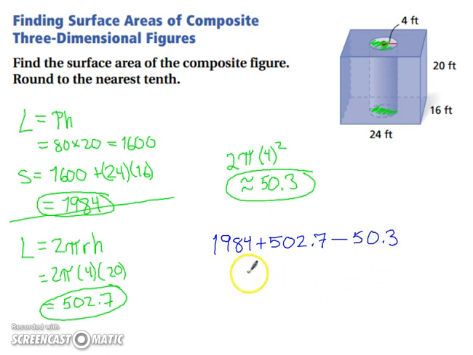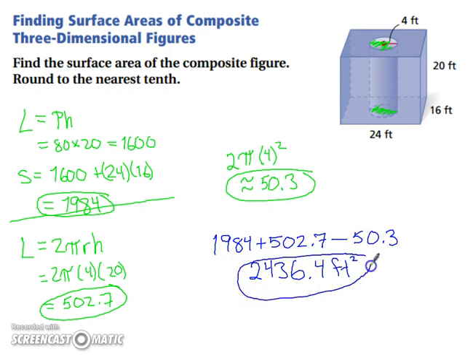And when we do so, we end up with 2,436.4 feet squared. So our total surface area is 2,436.4.